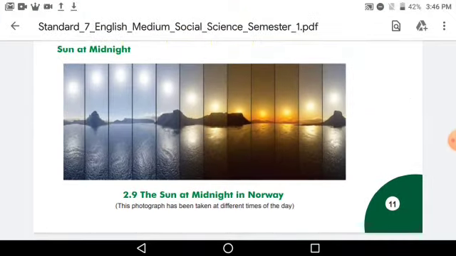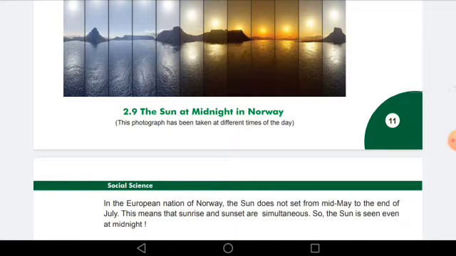See, in the European nation of Norway, the sun does not set from mid-May to the end of July. This means that sunrise and sunset are simultaneous, so the sun is seen even at midnight, which means in Norway there are 6 months of sunrise and 6 months of sunset.